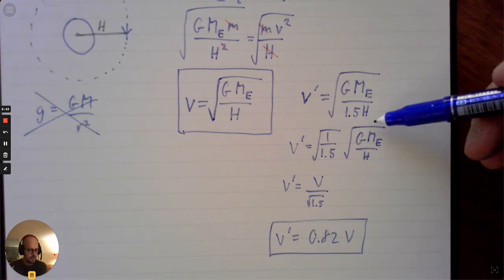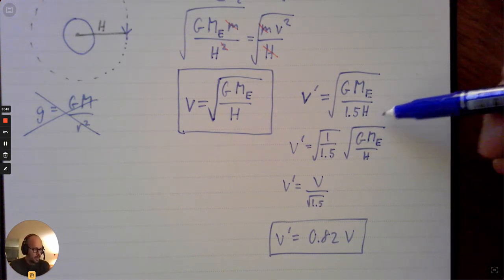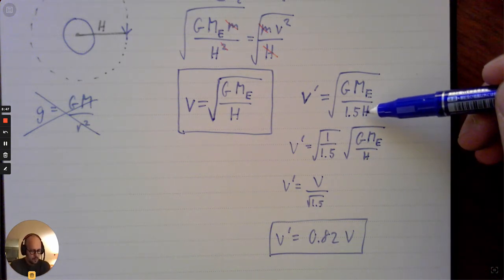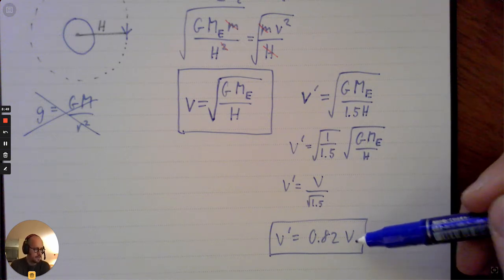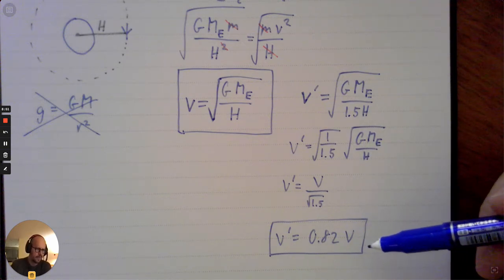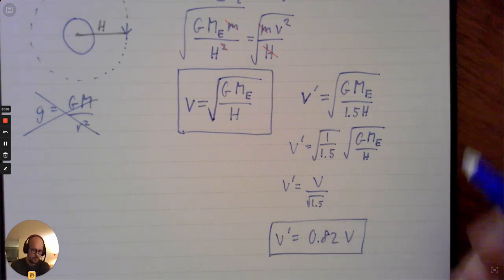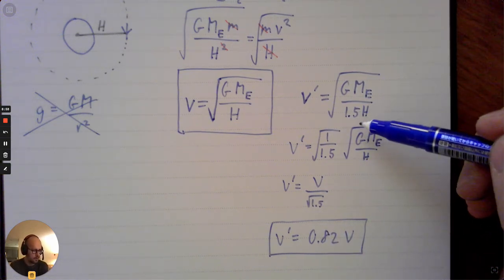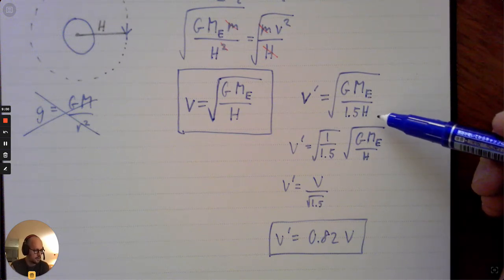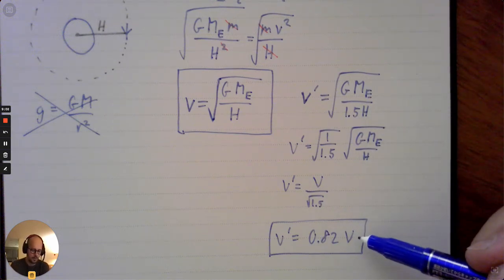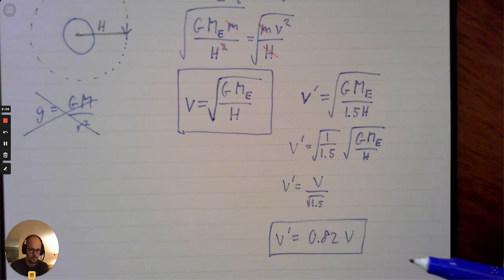I increased the orbital radius by 50%, which means the speed actually has to decrease by 18% in this situation. So, because of the square root relationship, drastic changes in height are muted when you talk about the changes in speed. So there's your first problem.